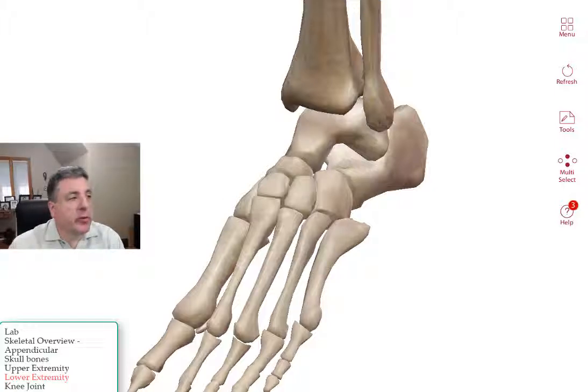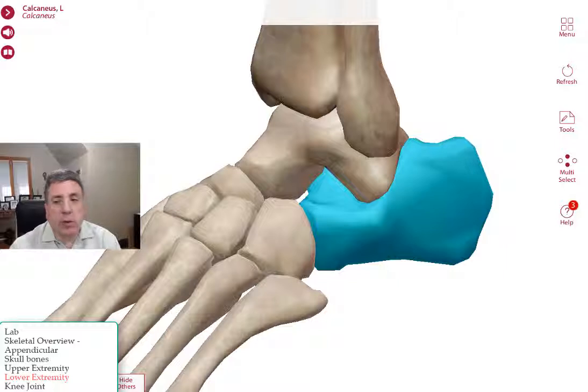Okay, so there's the calcaneus. This is going to be the largest bone in the foot. This is also the heel. So when you're walking and your heel hits the floor, you're hitting back down in this region right here. This is going to articulate with the talus, which we'll cover next, as well as this bone here, which is going to be the cuboid.